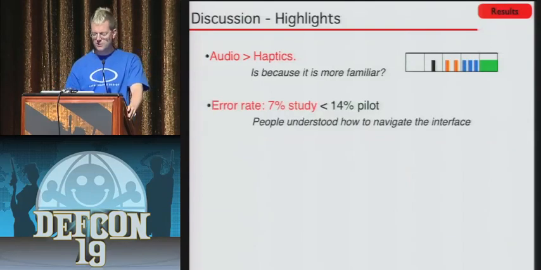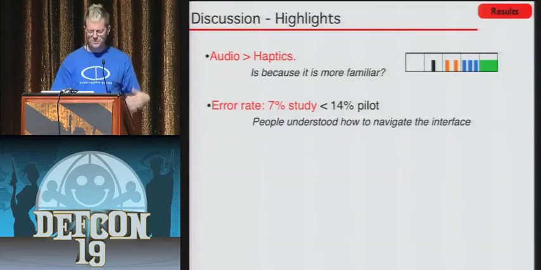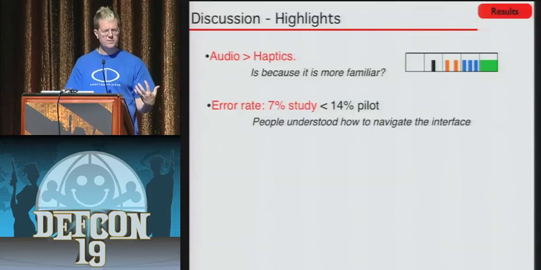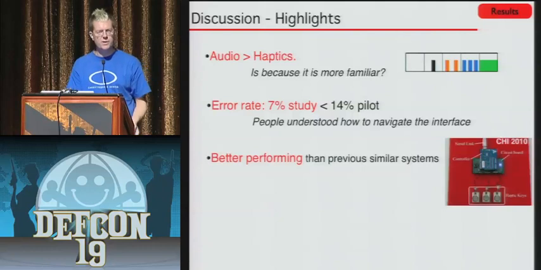The error rate dropped from the pilot to the main study, because the same subjects were used, and it seems like subjects become more experienced with the interface. So it doesn't mean that it's completely out of the question if people are going to quickly become twice as good at it. So overall, slightly better performing than the haptic keypad.